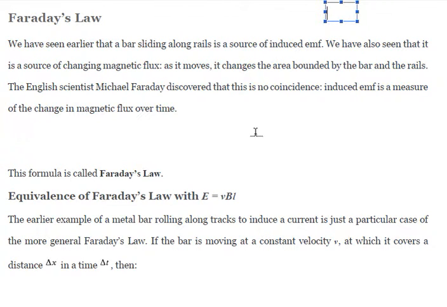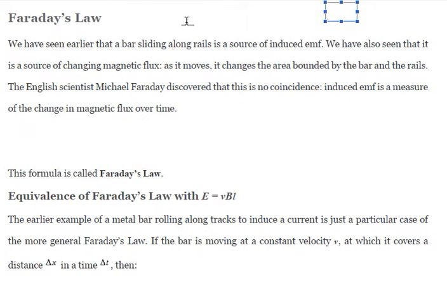So moving on with Faraday's law, which we kind of started a little bit in the last video, we saw in the examples that we were working with that if we slide a bar along conductive rails, then that's a source of induced EMF if it's in some kind of magnetic field. We also saw that it is a way that we can change the magnetic flux.